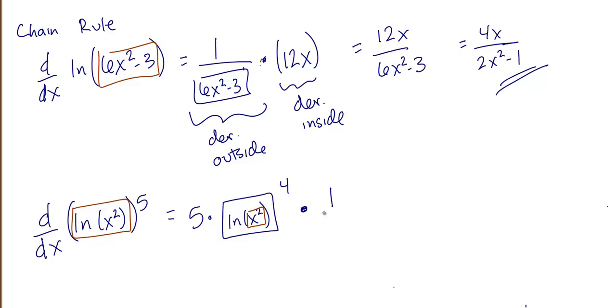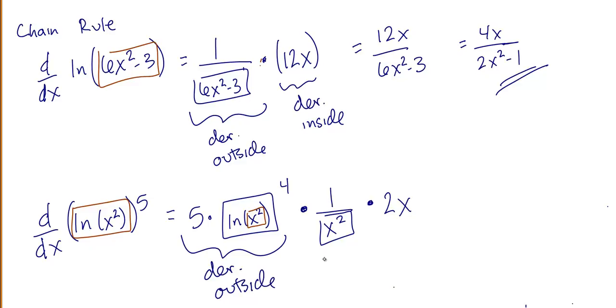So derivative of the outside, derivative of natural log is 1 over x, or in this case 1 over x squared, since that's what's inside the box, times the derivative of what's inside the box. Derivative of x squared is 2x. Okay, so this is the derivative of the outside. This is derivative of the inside.